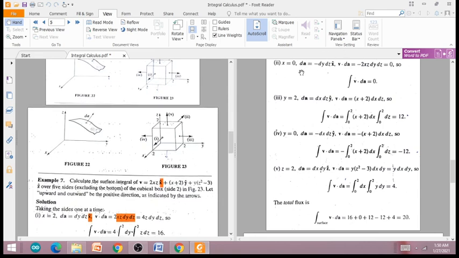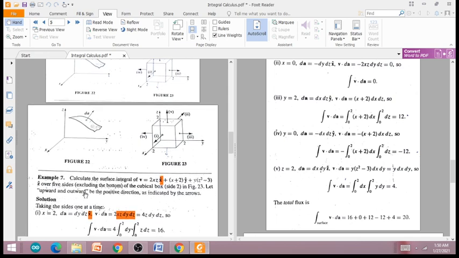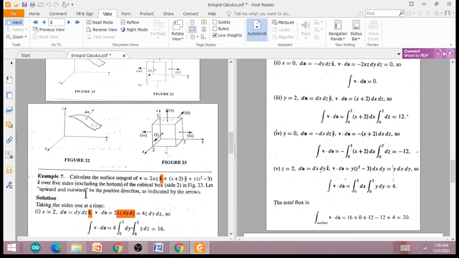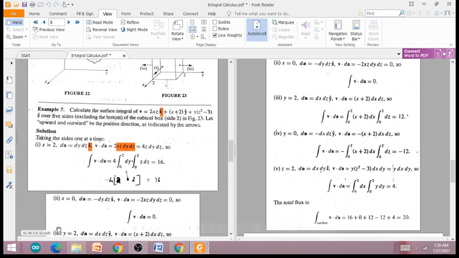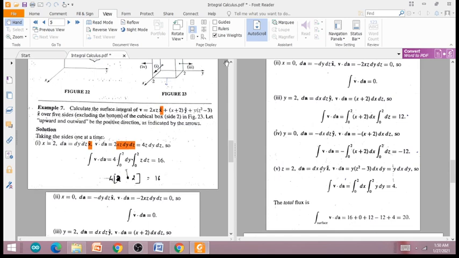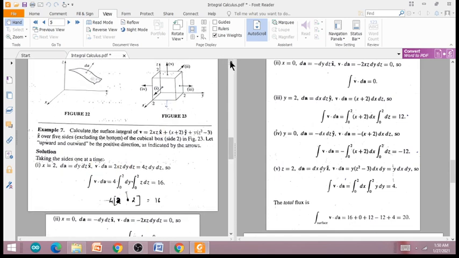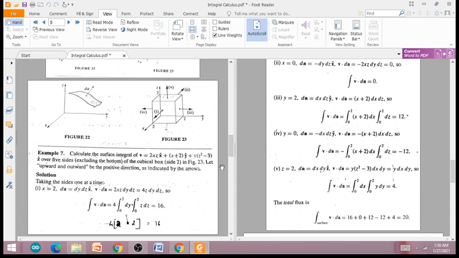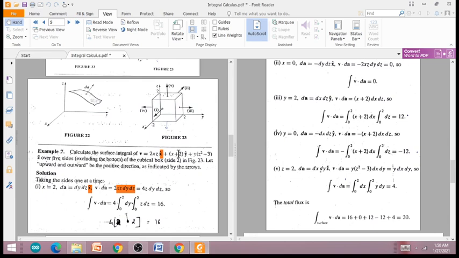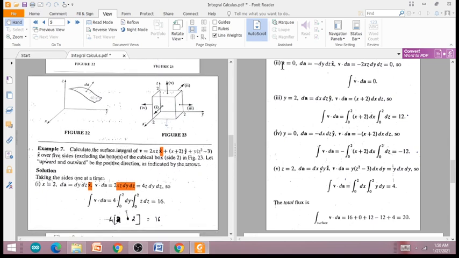So y and z both are equal to 2. Point number 2. Then dA. So dA कैसे लिखा जाएगा? The dA will be written basically for the x is equal to 0.